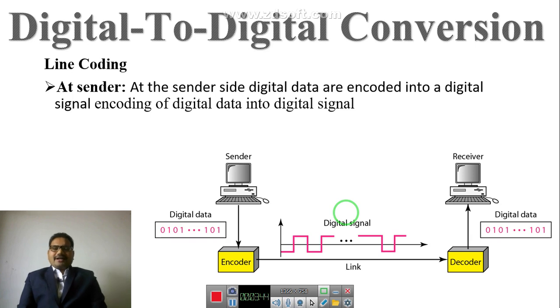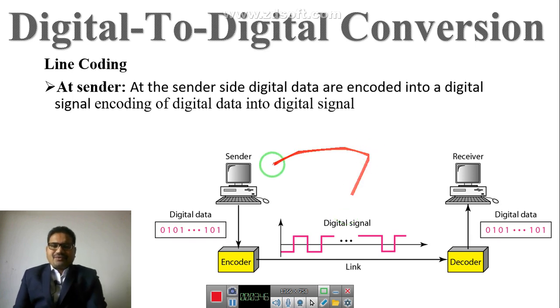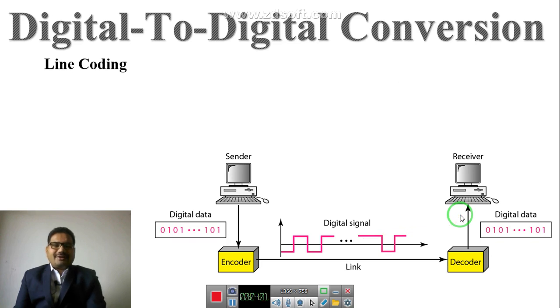Now, on the screen there is a figure with a sender. The computer has data in digital form, that is in the form of 0s and 1s. If this sender wants to send this information to the receiver, then it needs to convert that digital data into digital signals by means of an encoder.